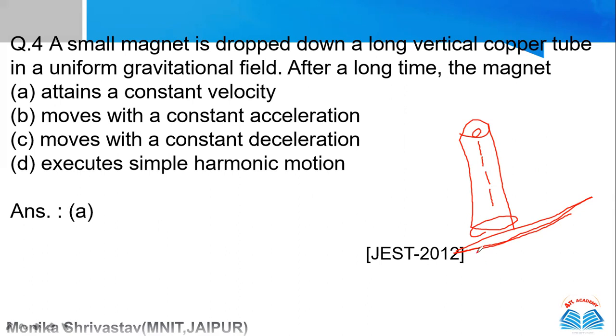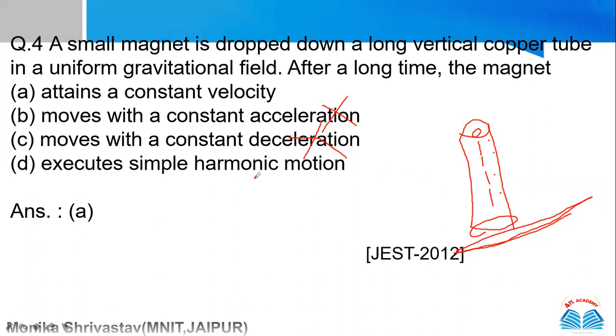The gravity is the same at all the points of this tube, whether it is this one, this one, or this one. The value of gravity is the same because gravity doesn't depend on the position of the mass. So there is no acceleration, no deceleration. So options B and C are discarded.